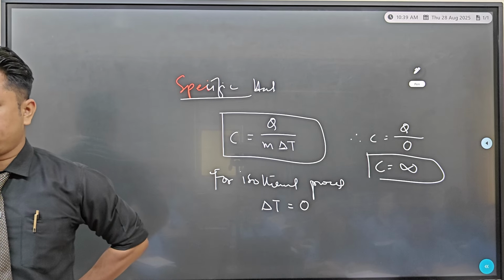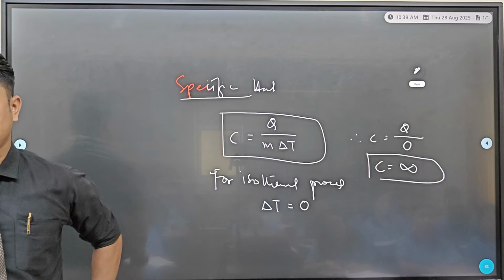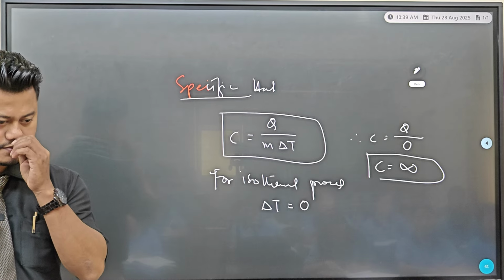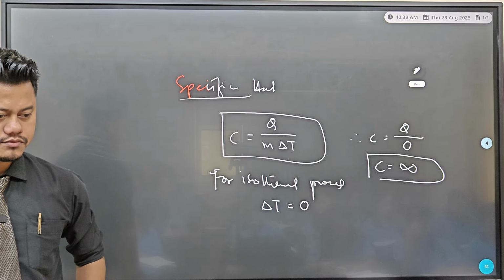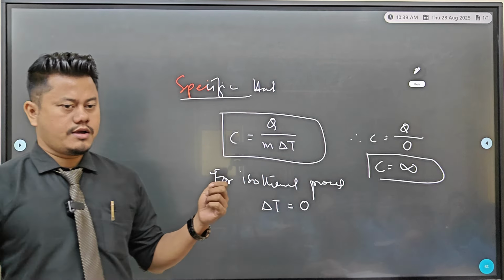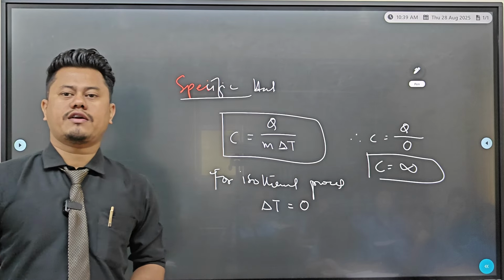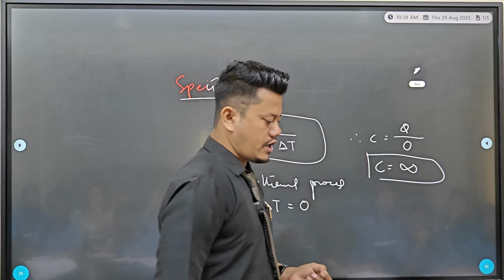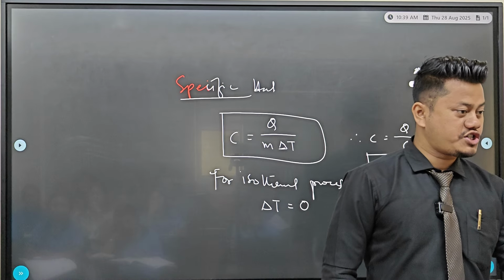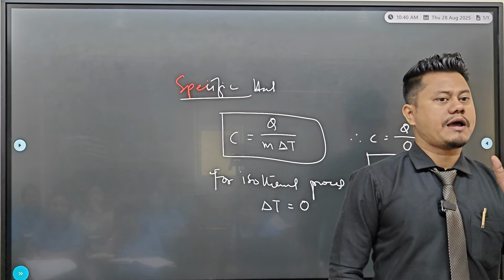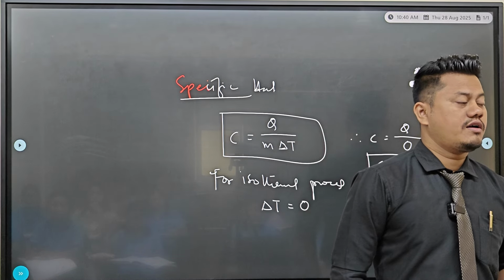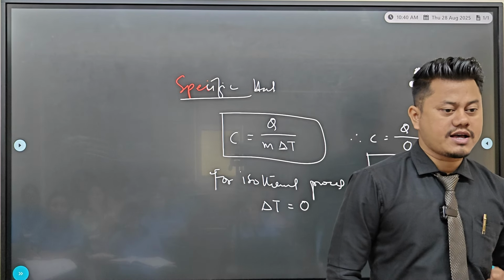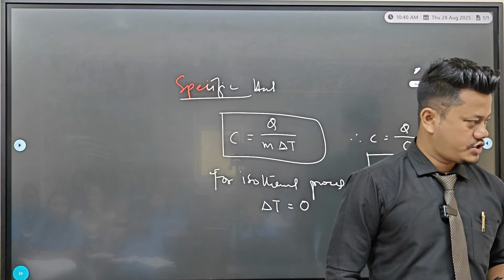I hope you understood, right? Now see, when we learned about the mechanical properties of solid chapter, during that time I mentioned a term over there. The term was isothermal elasticity. Do you remember? Yes or no?